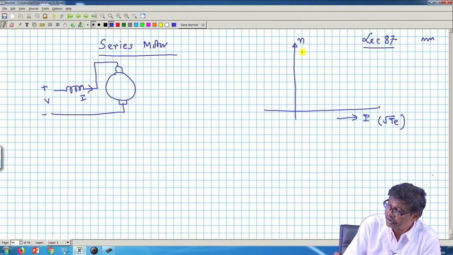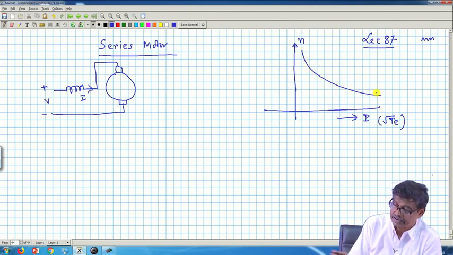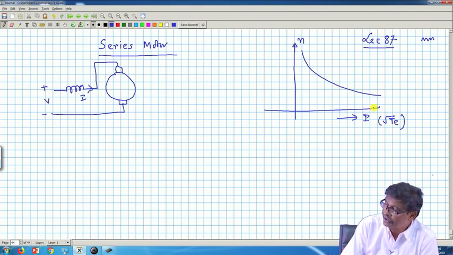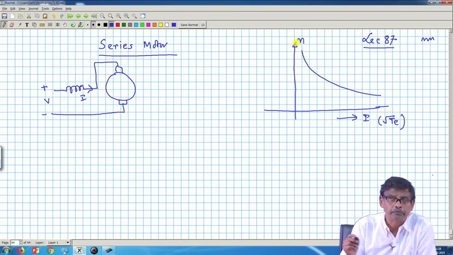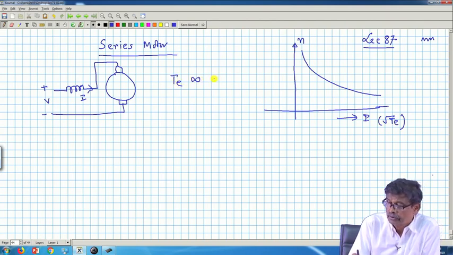The speed-torque characteristic is inverse in nature. We have seen that. Therefore, with load torque vanishingly small, speed will go up. And torque is proportional to I square, that is what we have seen.